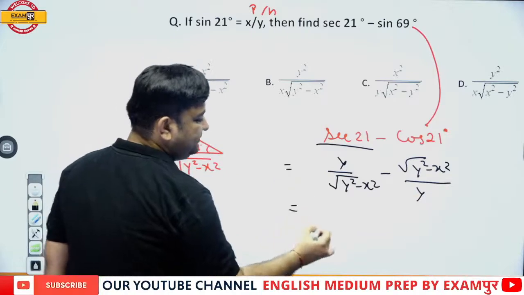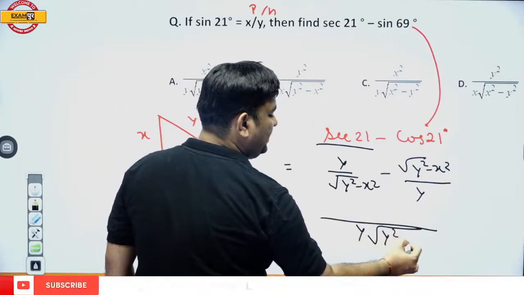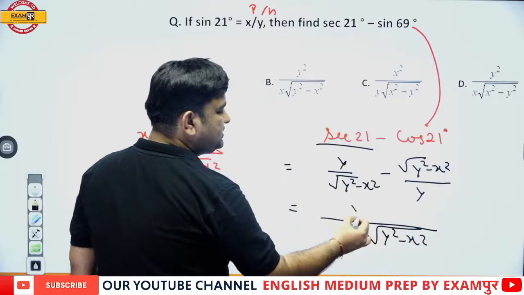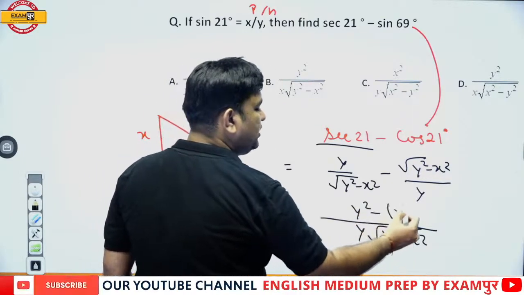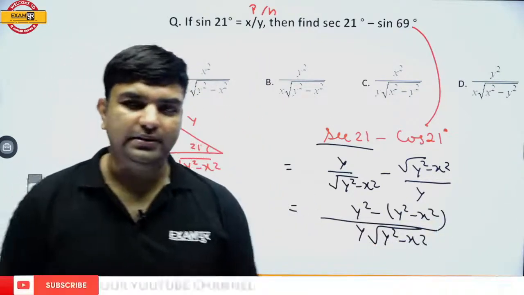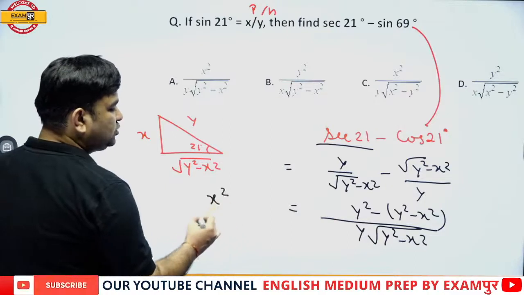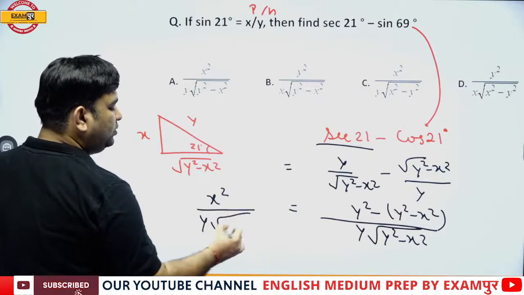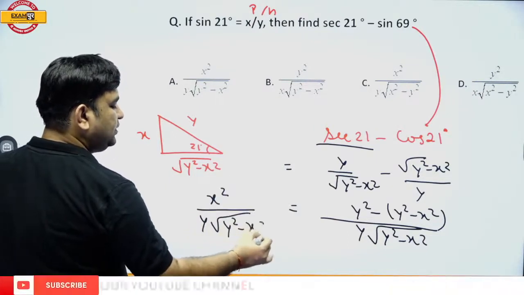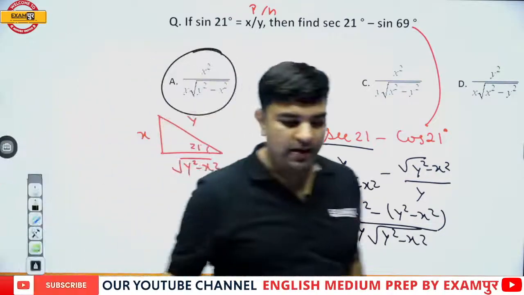Take the LCM: y into under root of y square minus x square. So it's y square minus x square on top, and once you simplify it, it is going to be x square over y under root of y square minus x square.